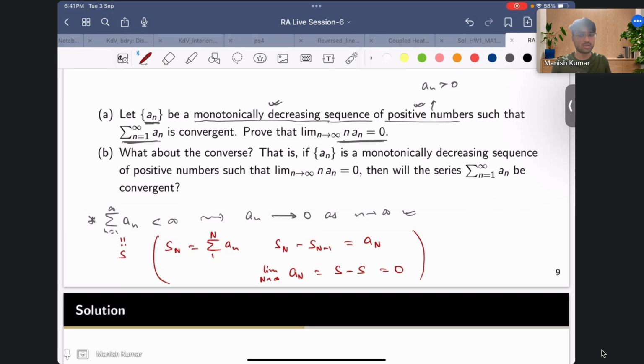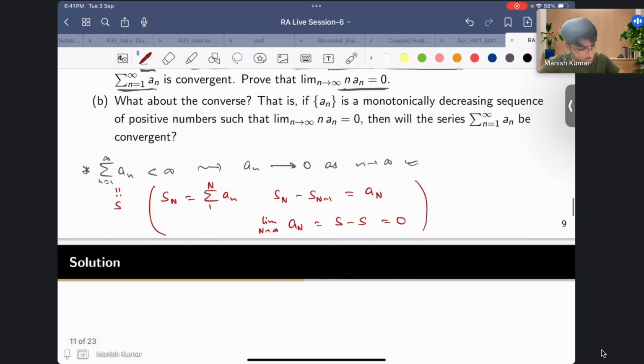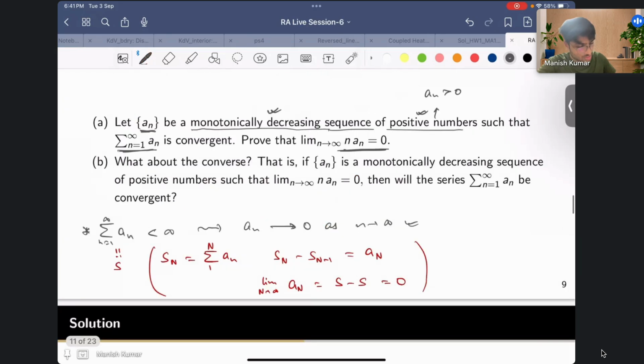Correct. So what we'll do here, just copying this idea, we'll try to prove the first statement, and then we'll look for the converse, I mean the B part. So let's first try to prove the first part, that the limit of n times an goes to 0. So the proof is like this. See, over here what did you get?